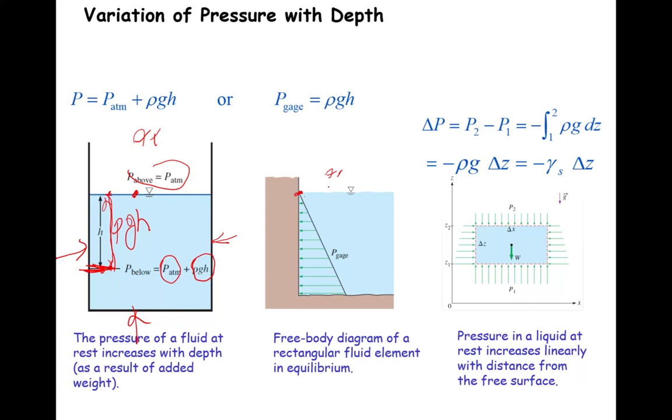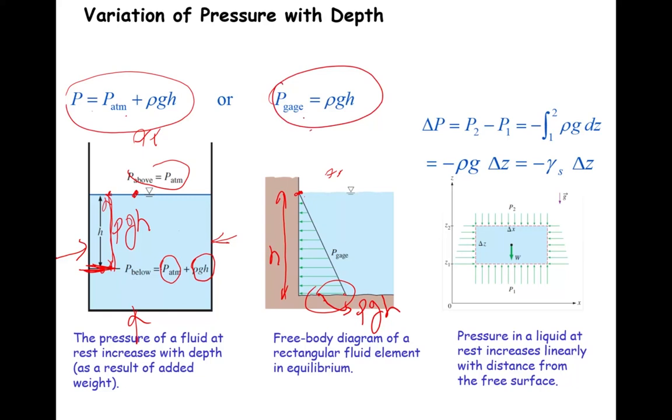At the bottom, depending on how deep it is, it would be h. That means this vector here is rho gh. However, as we go further down, pressure linearly increases to its maximum at the bottom of this container. If we're talking about absolute pressure, it would be this much. If we're talking about gauge pressure, it would be this one. Now you understand.